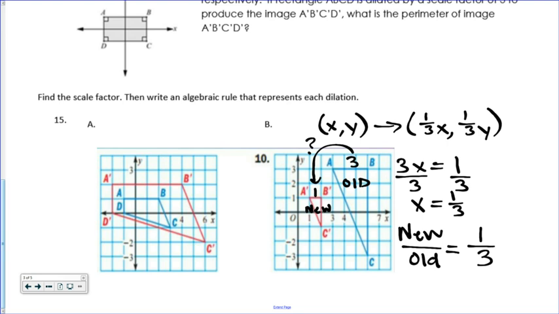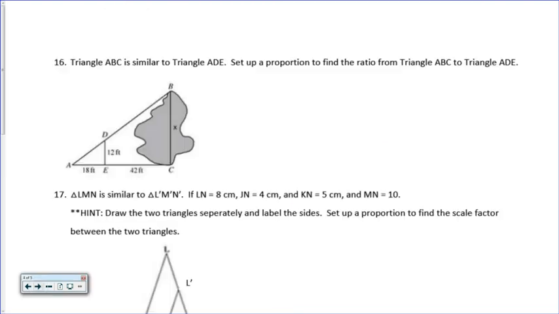Okay, next page, we're going to go to number 16. You need your highlighters for number 16. Triangle ABC is similar to triangle ADE. Set up a proportion to find the ratio from triangle ABC to triangle ADE. Okay, so let's highlight our corresponding sides. We have AB and AD.